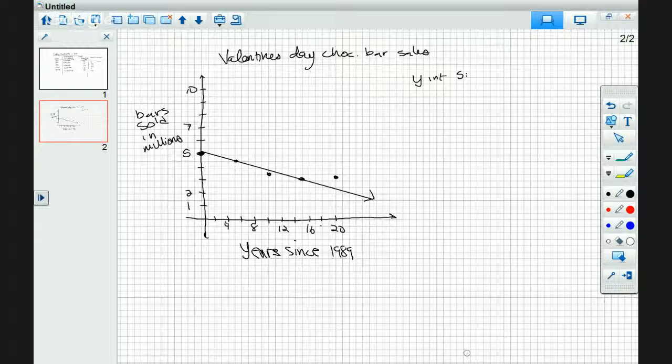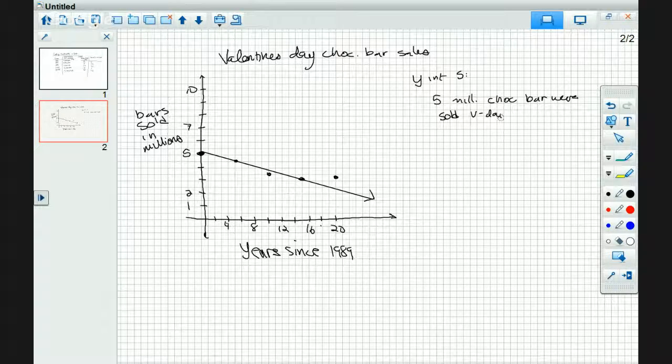Now when I say explain in context, I mean, what does that mean about years and chocolate bars sold? 1989 was 5 million. What year is 0? 89. Okay, so, yeah, 5 million chocolate bars were sold.